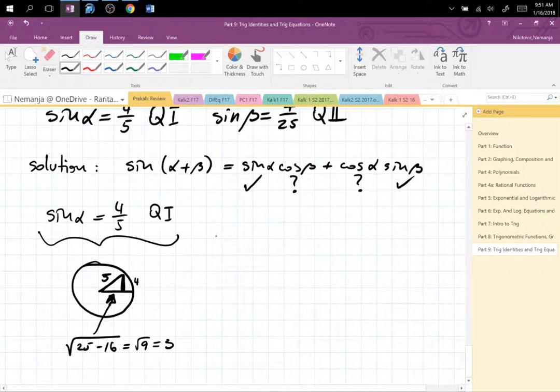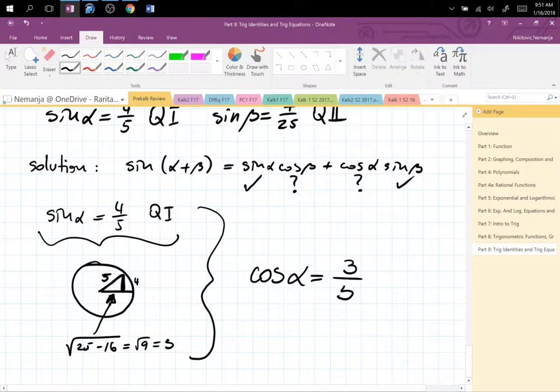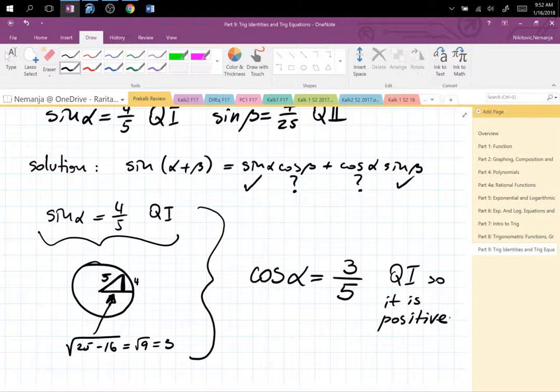So all of this implies that the cosine alpha is equal to 3/5. And it's in quadrant 1, so it's positive. So this calculation was done to figure out the missing piece, cosine alpha.